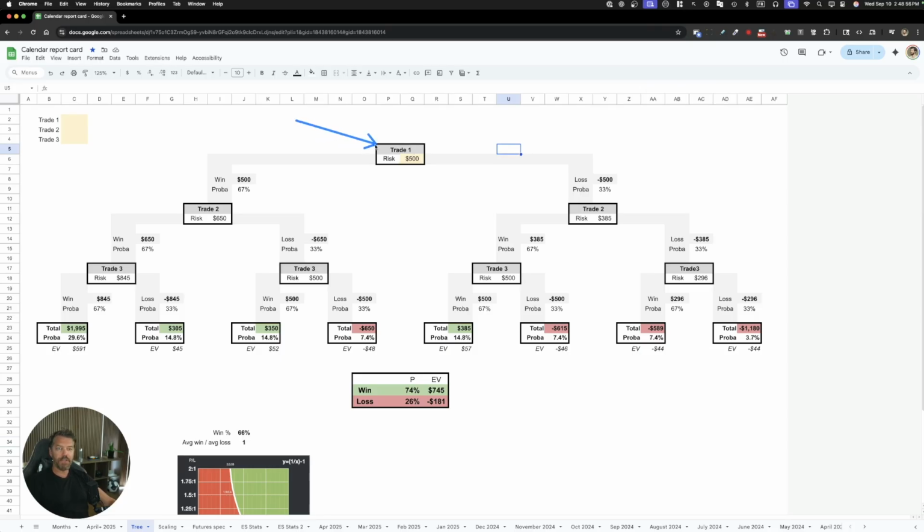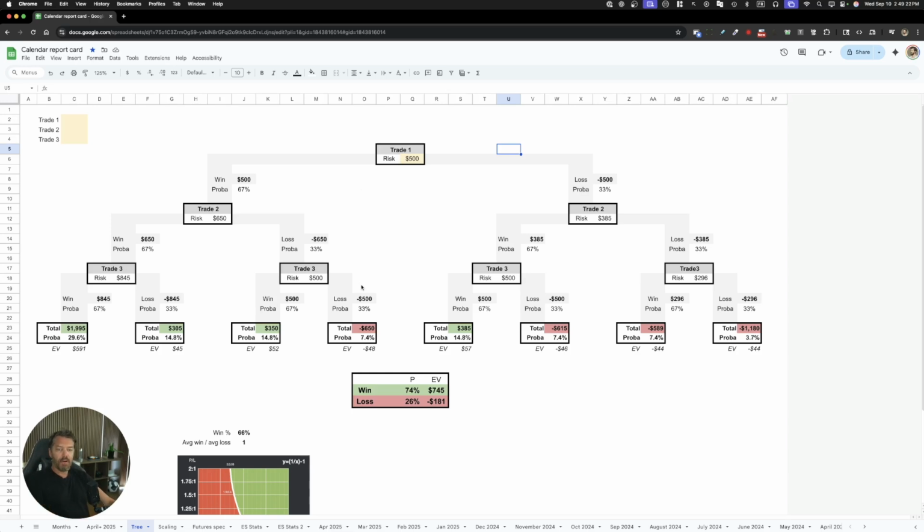So this is the first trade, and based on the outcome of the first trade, you take a second trade. So if it's a winning trade, it goes there. If it's a losing trade, it goes there. And so on. Trade number 3 on this line. And this tree shows 3 levels of trades, 3 trades. You can obviously continue indefinitely.